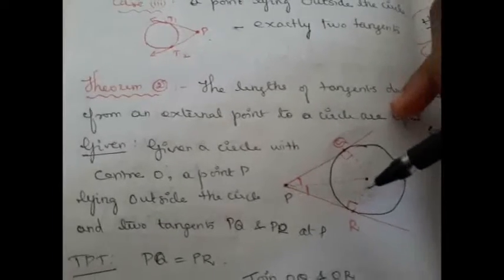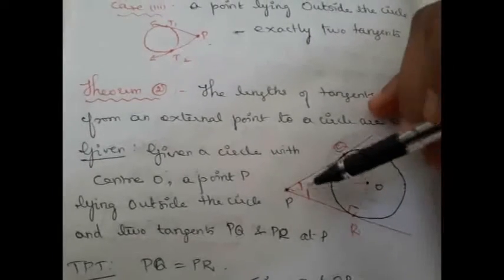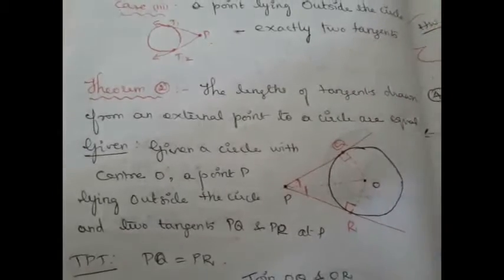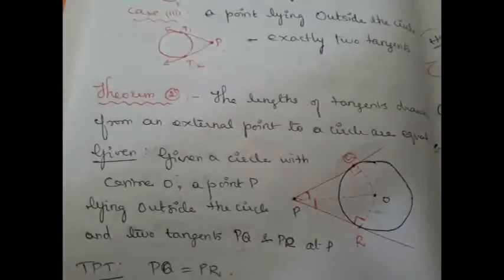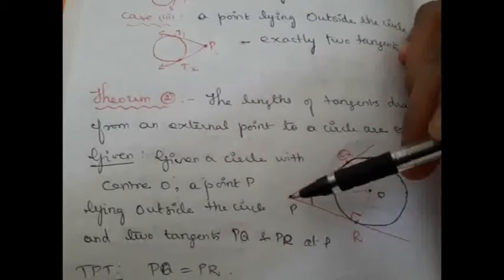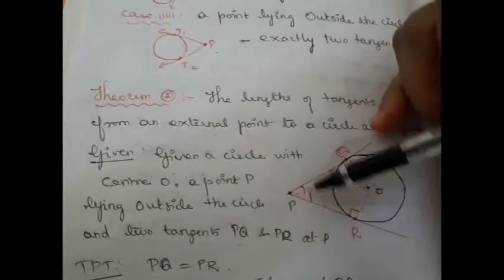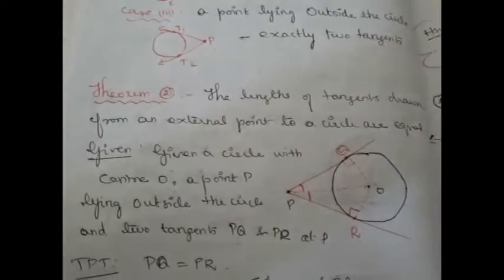Through this theorem we observed that this angle is bisected by OP. And we inferred that the center lies on the bisector of the angle made by the two tangents. These are the important results we learnt in our previous classes.